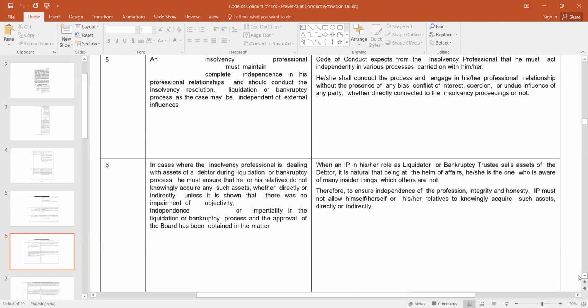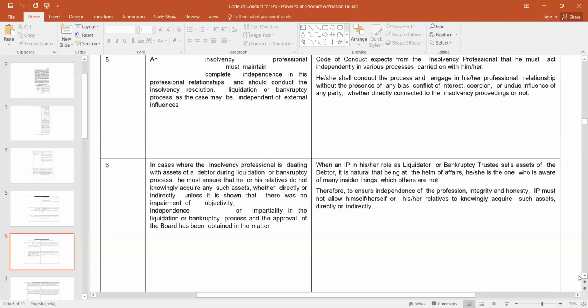So what it says, suppose your relatives are acquiring certain assets. But if it is through open auction, anybody can acquire. And if they are giving higher value, then there is no partiality and there is no bias.